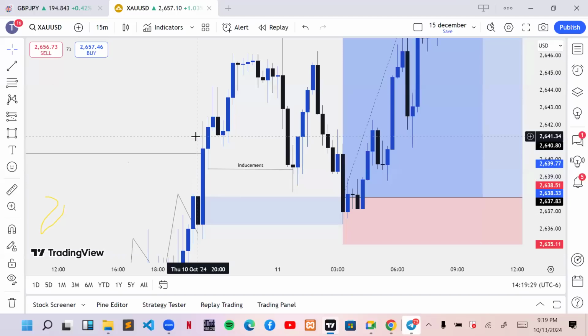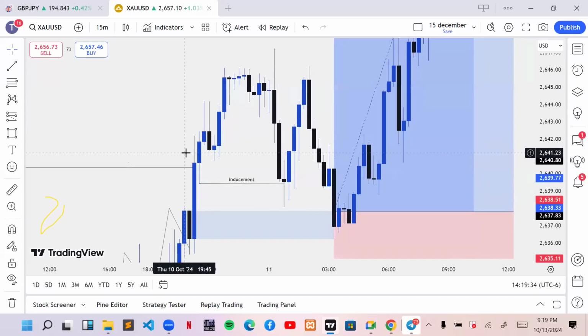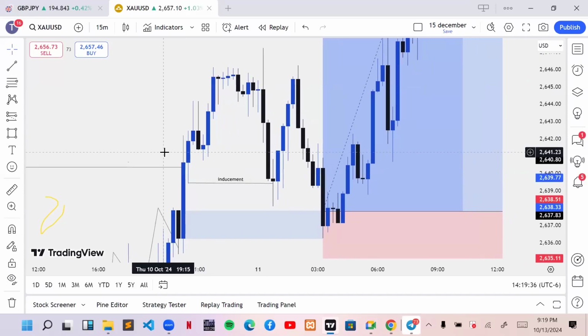So how is this really valid? Because I'm trying to understand how this is up to 50% of any of the pullbacks. What I mean is once market breaks out or there's a market structure shift, the pullback has to push market up or down above 50% of the last move. That is what I said.